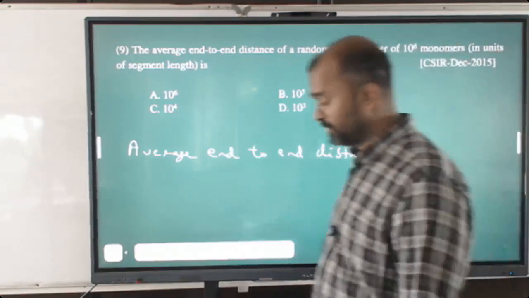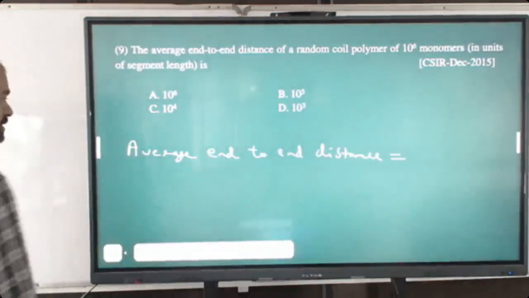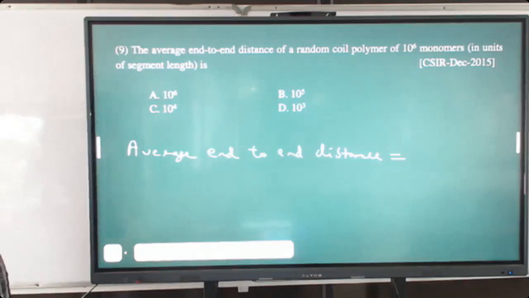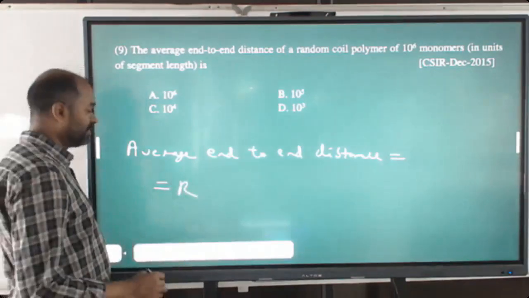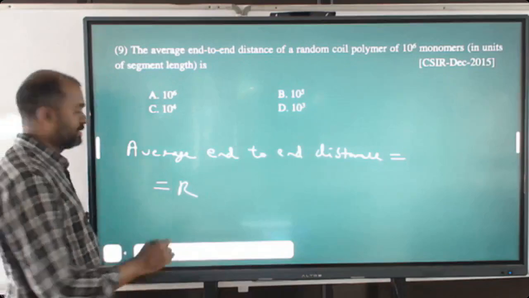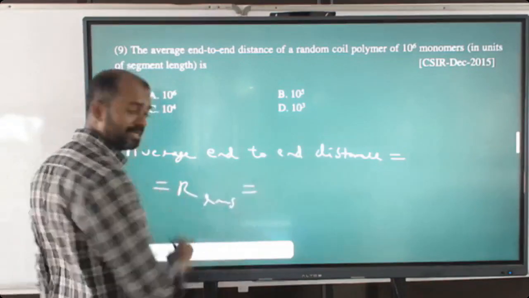Average end-to-end distance. What is it? Is it contour length or RMS length? That is RMS length.